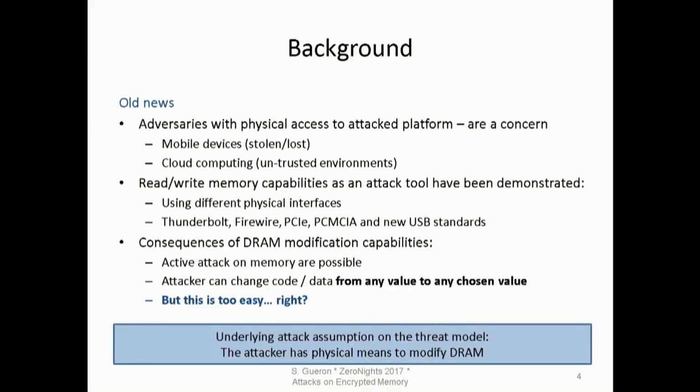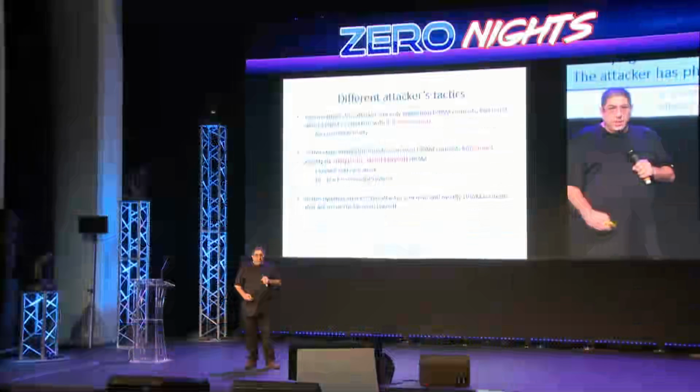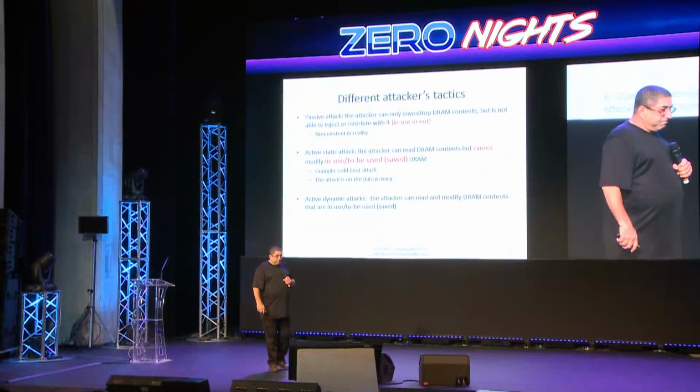So too easy, right? So we are going to assume throughout this talk that you have a device or a platform where the attacker has the physical capabilities to read and to write the memory. But we are going to make the memory encrypted and see if this is good enough.